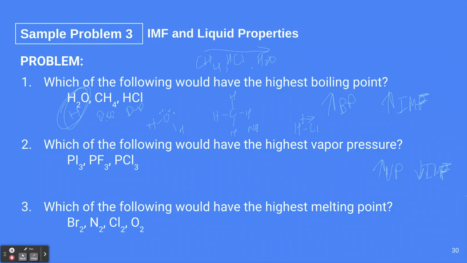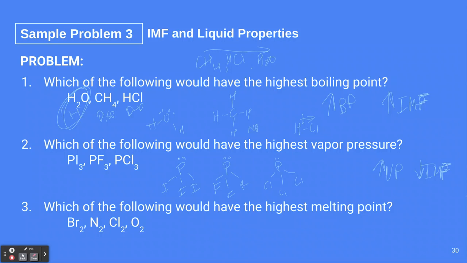If we take a look here, we've got PI3, PF3, and PCl3. All of these are going to look exactly the same. They're all going to look like this. PI3 with that lone pair, PF3 with that lone pair, and PCl3 with that lone pair.